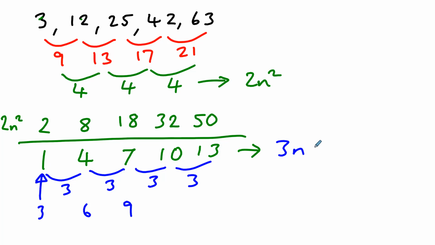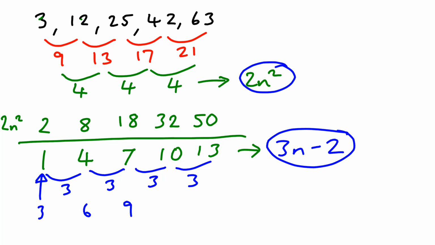So my nth term is 3n minus 2. I now combine my quadratic and linear bits together to get my overall quadratic nth term, and my overall answer is therefore 2n squared plus 3n minus 2. Hope that makes sense.